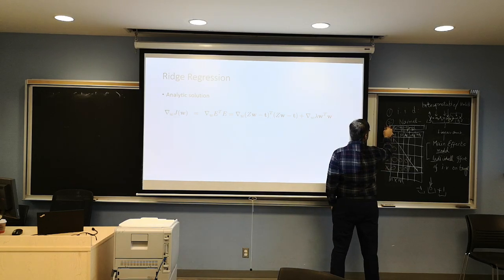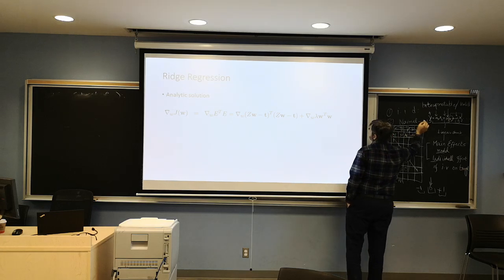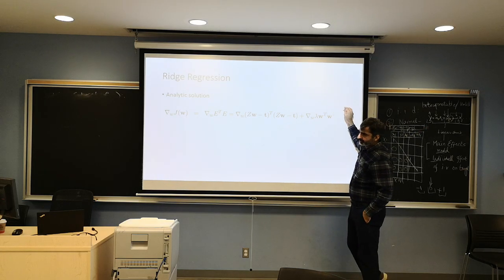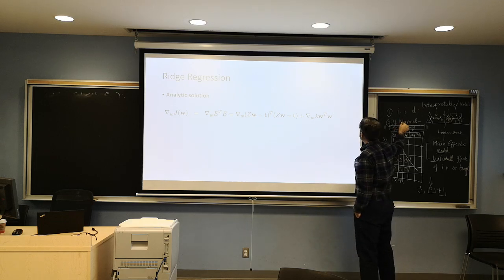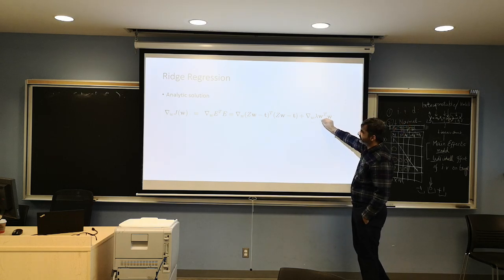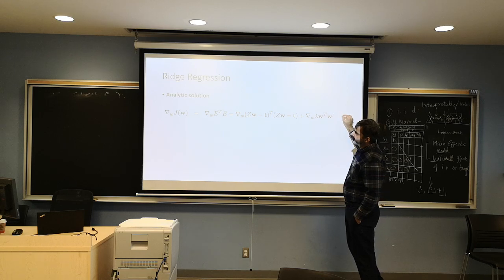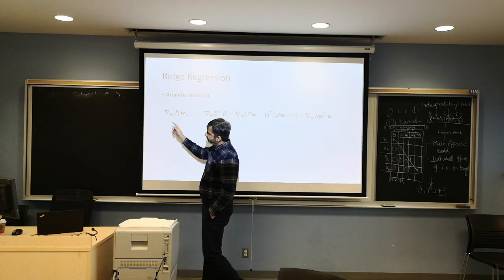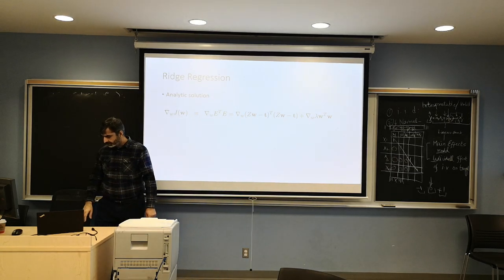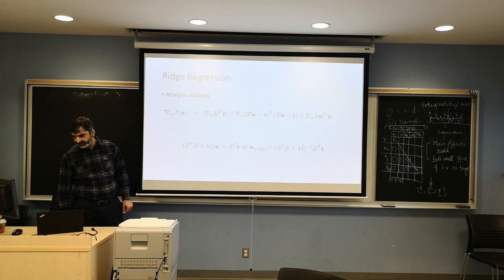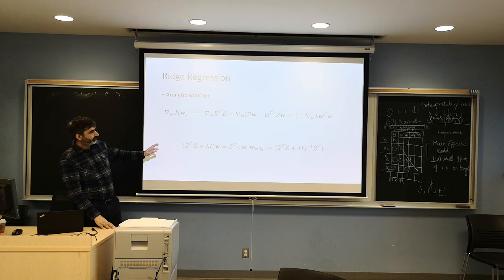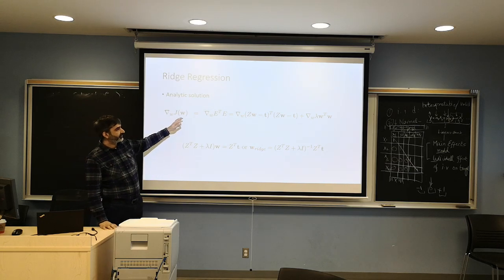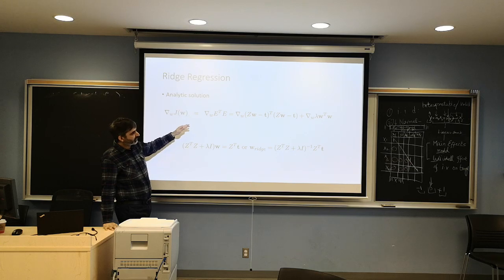The L2 norm of this W vector is squaring these values and summing them all. You can get that using W transpose W. So your error function will be like this, and that's the way we reached the normal equation.